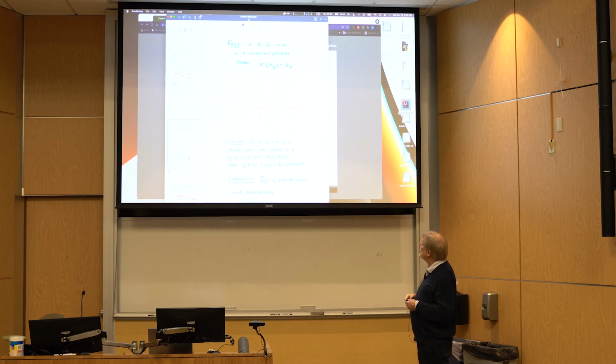So here we use the homomorphism property. And now we have to do one more thing to get home, which is I'm going to multiply this equation of elements in H on the right by the inverse of pi of e_G. So pi of e_G is an element of the group H, so it has an inverse. So we're going to multiply both sides of the equation on the right by that element.